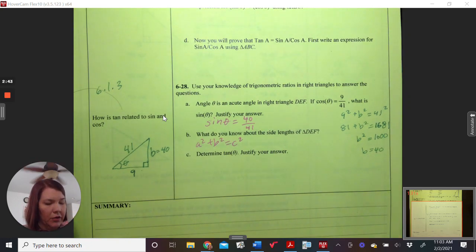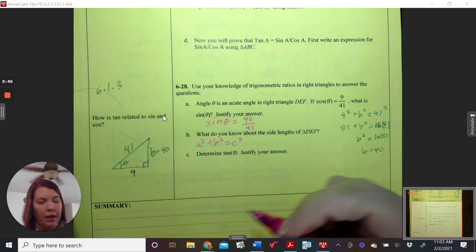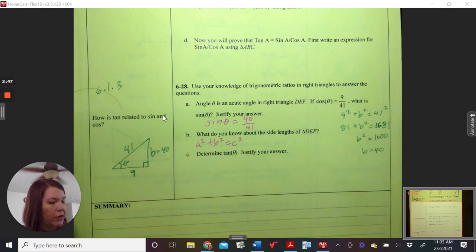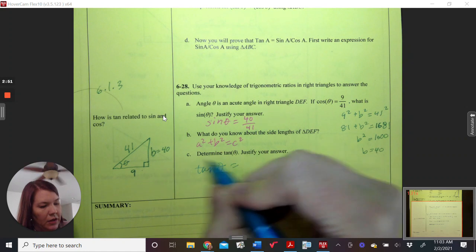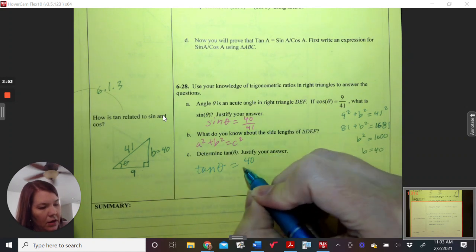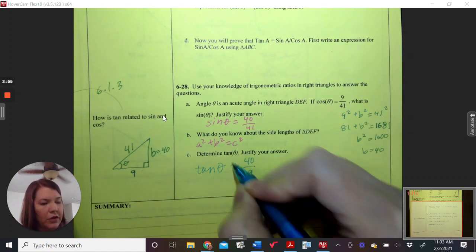Then it says to determine the tangent of theta and to justify my answer. Now that I have my triangle, the tangent of theta is very straightforward. Tangent of theta is the opposite side over the adjacent side, which is 40/9.